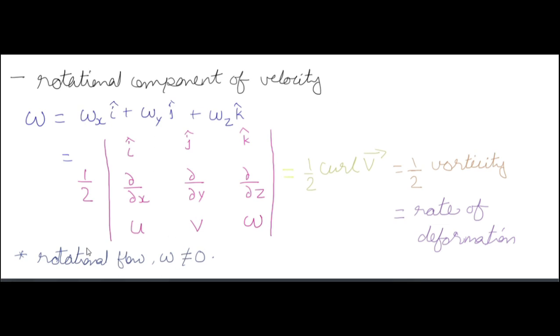Whether all three terms are 0 or not, at least one of omega x, omega y, or omega z should not be 0 for it to be a rotational flow. So rotational flow means omega is not equal to 0, meaning angular velocity would be there.